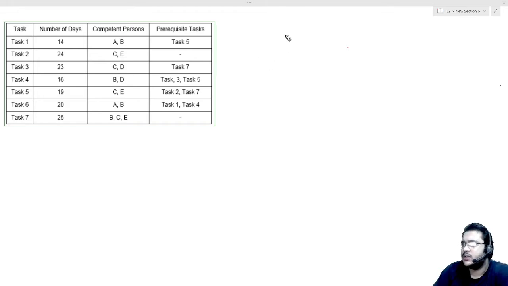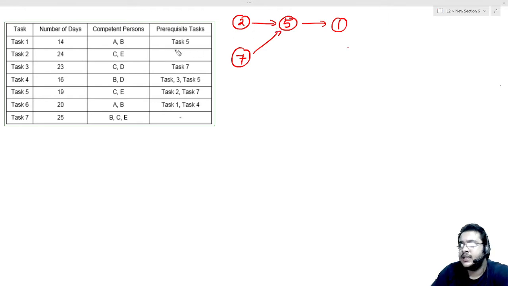So there is 1 which is followed by 5, and 5 is followed by 2 and 7. There is nothing before 2, and before 7 also there is nothing, as I can see here.